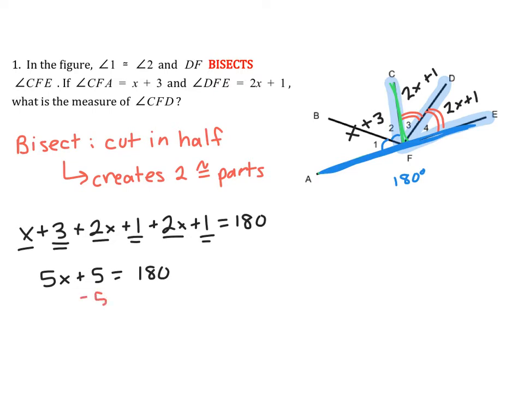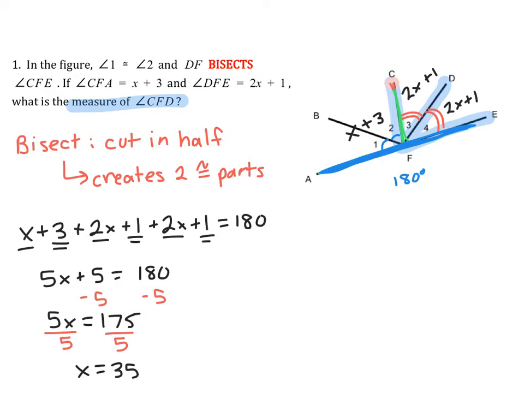And now we can finish solving for x. So we get x equals 35. But don't box your answer because they don't want to know what x is. They want to know the measure of angle CFD.